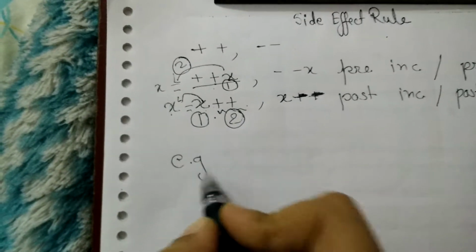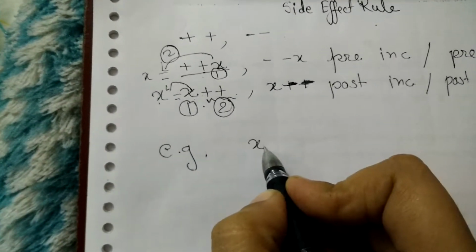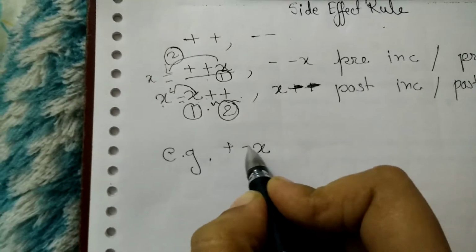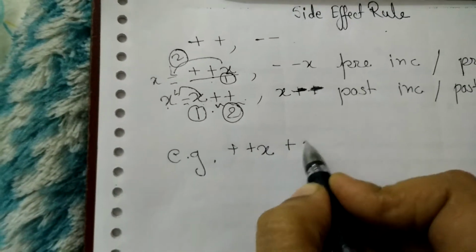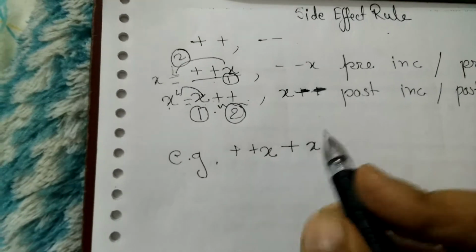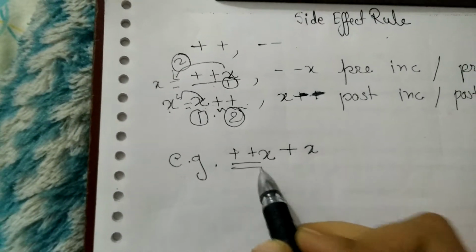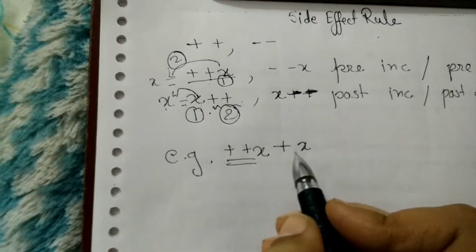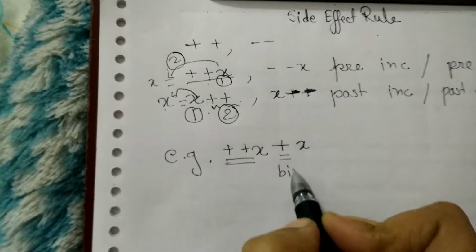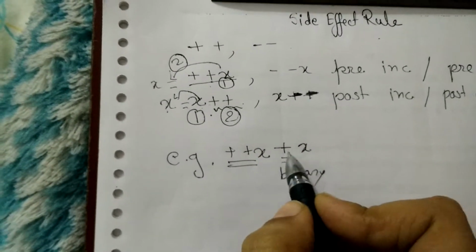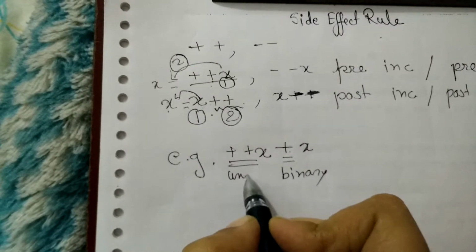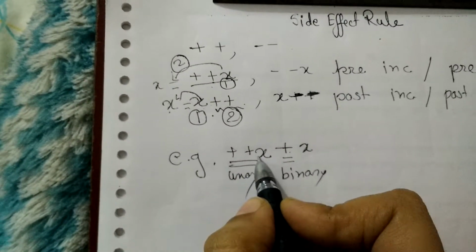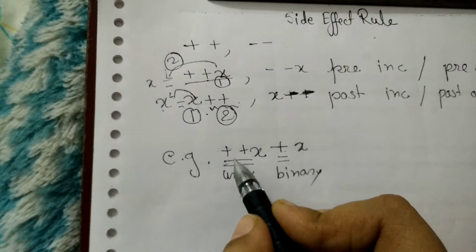For example, if I have an expression ++x + x, now we have a unary operator pre-increment and a binary operator addition. This is a binary addition and this is a unary increment operator. Then which one to perform first?